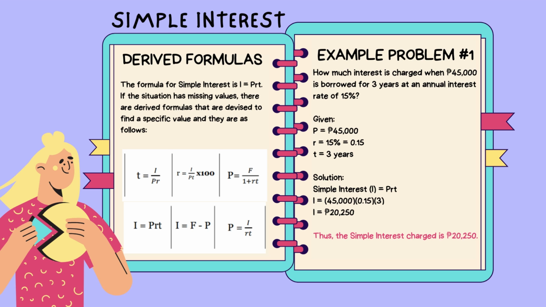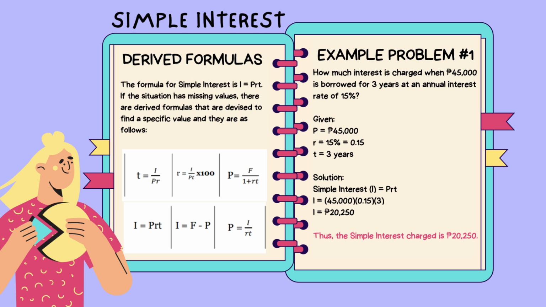The principal amount is equal to the maturity value all over 1 plus rate times time. Simple interest can also be derived, where simple interest is equal to the maturity value minus the principal amount. The principal amount is equal to the simple interest all over the rate of the interest times time.